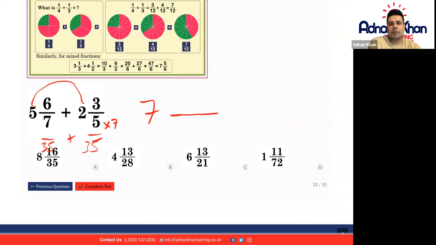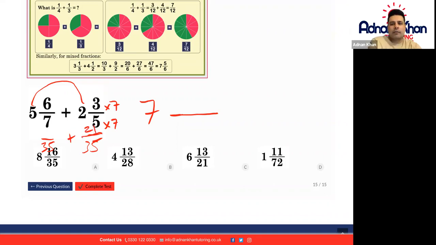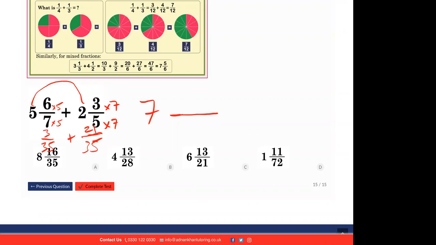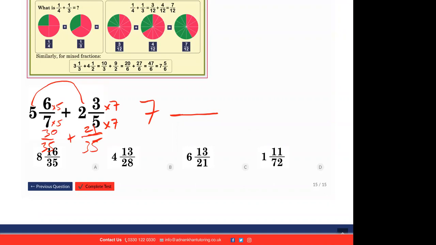So you times the top number by 7 as well, which is 7 times 3 is 21. And then 7 times 5 is 35, and times the top number by 5 as well, which is 30. And then you do 30 add 21, which is 51. 51 over 35.